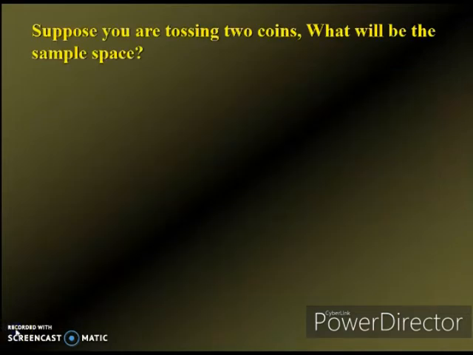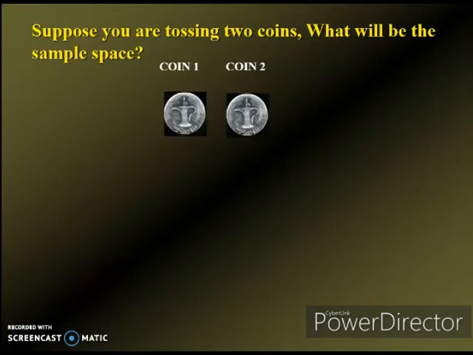To get a more clear idea about the sample space and the event, we will consider this example. Suppose you are tossing 2 coins at the same time. What will be the sample space? You have 2 coins as I told you. There are different outcomes that you may get.